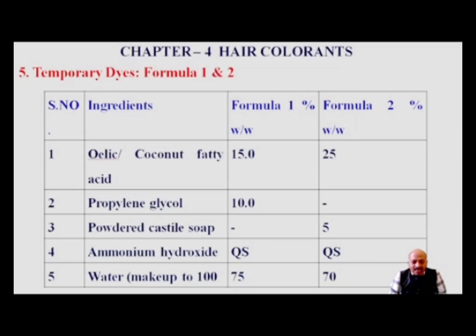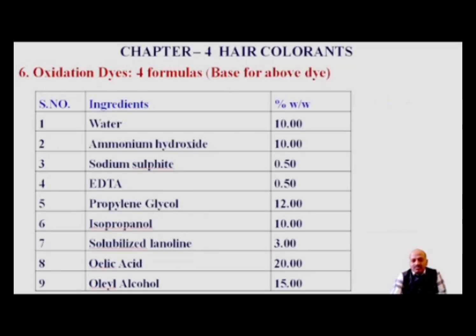The powdered castile soap is not used in formula 1, and 5% in formula 2. Ammonium hydroxide is QS, quantity sufficient, that is, depending on the requirement. And water to make up to 100 ml, 75% may be used in formula 1 and 70% in formula 2. This is about the temporary dyes, formula 1 and formula 2.